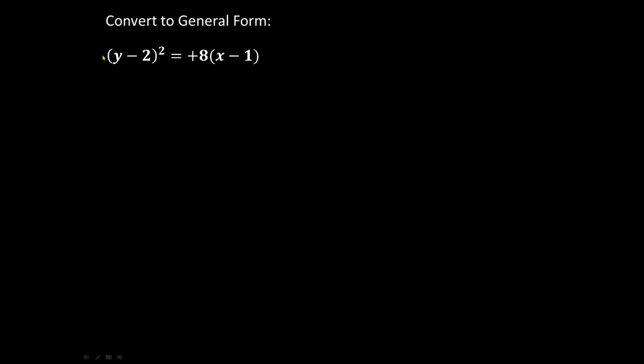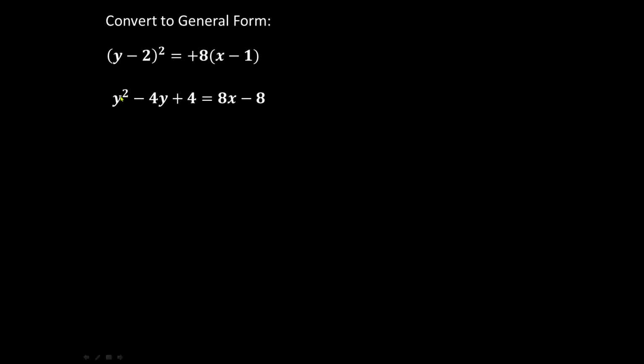But that is not the problem here. We have to convert this into general form. So in order to convert this into general form, the left-hand side, remember, is a special product. The square of y minus 2 is the square of a binomial. And here, we just distribute the 8 to the terms of x minus 1. So we expanded the left-hand side.